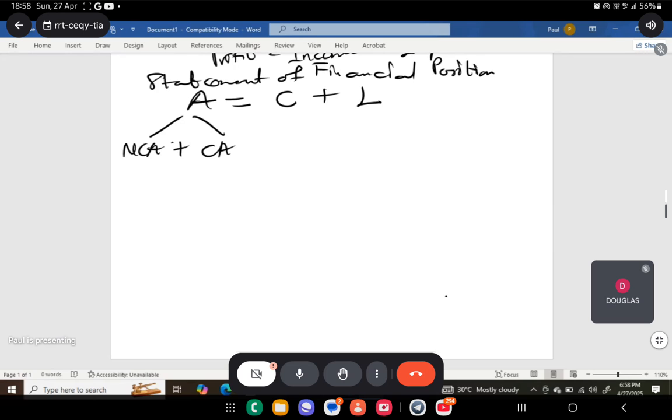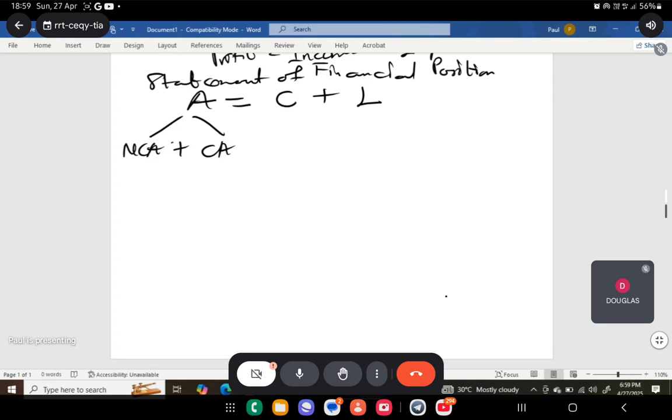Now, current assets are assets whose lifespan is within one accounting period. And these are the cash we have in the business, the receivables, the expenses prepaid, and the income owings, and the rest. Okay, these are all current assets.